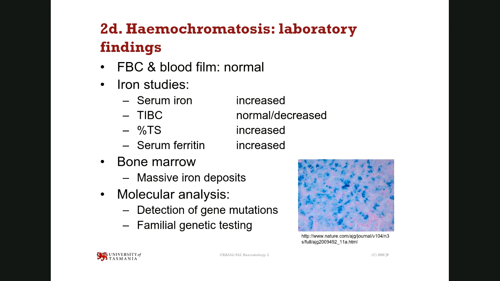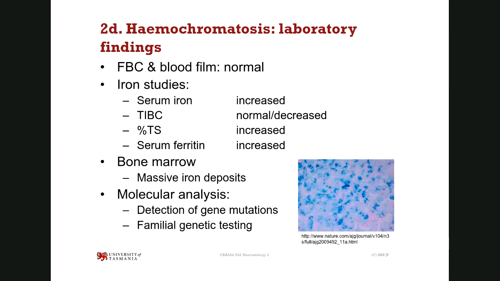Our serum iron is increased because we keep absorbing it from the gut, and our total iron binding capacity is either normal or decreased because all the iron that's there has been bound to the transferrin. So we've got very little apotransferrin left that hasn't been bound to iron.